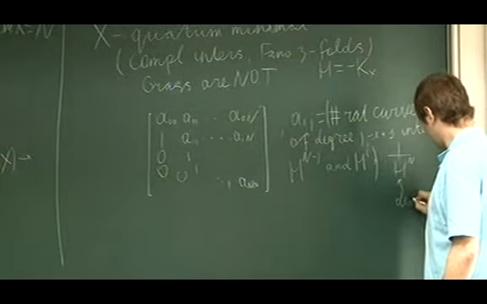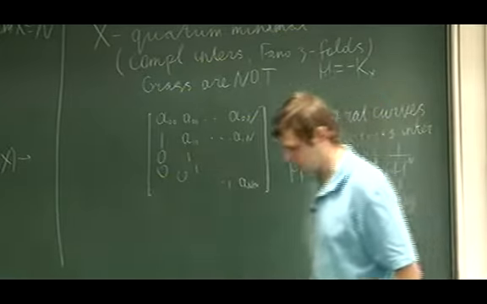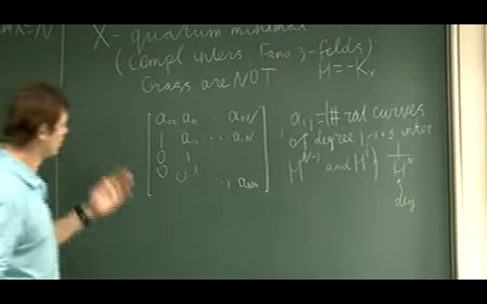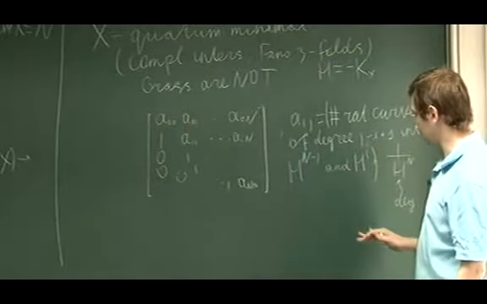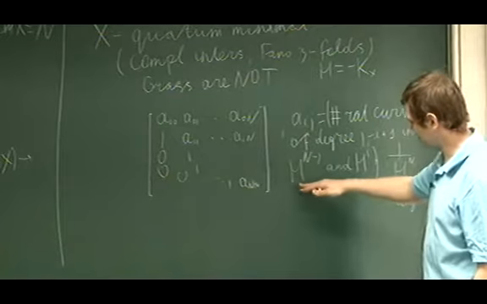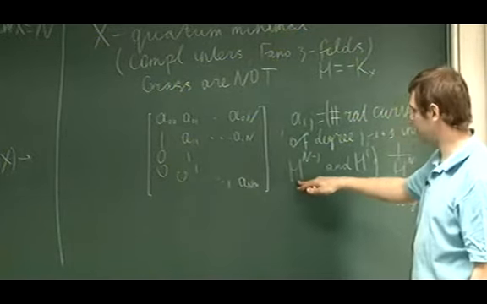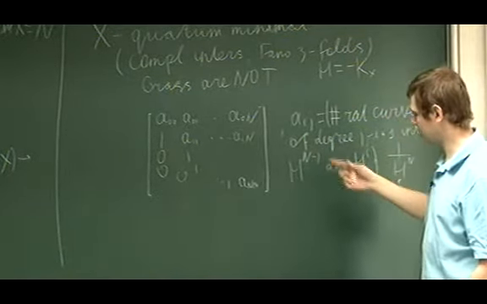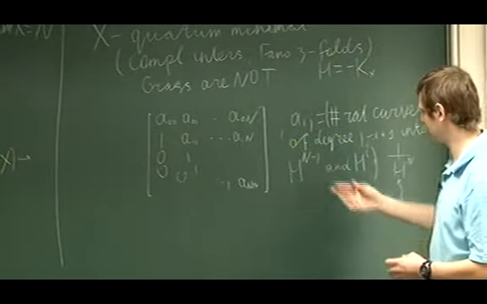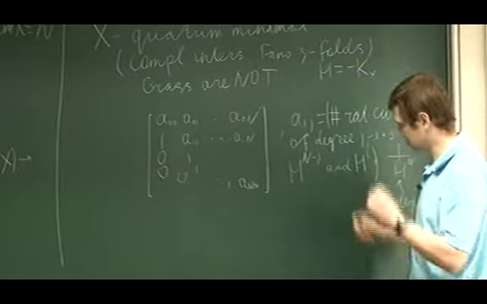So what is it? You count the rational curves, lines on our variety, of a given degree, intersecting hyperplane sections of the corresponding codimension, just like this.